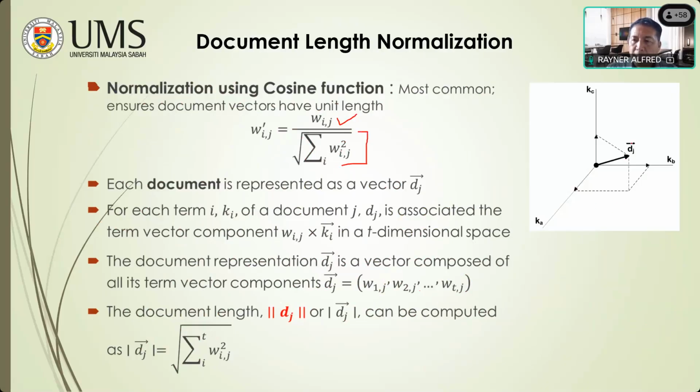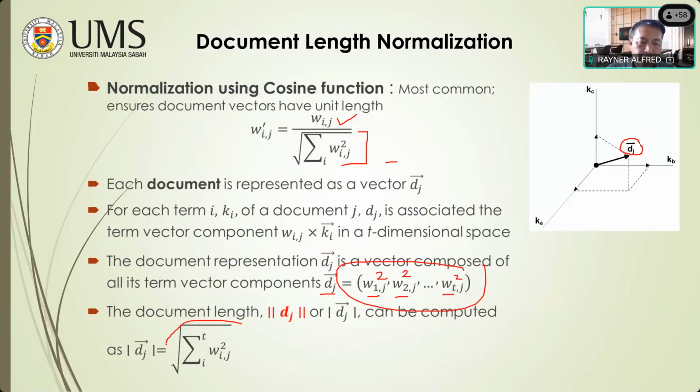If you look at this graph, each document is represented as a vector, and the vector consists of all the weights, referring to word number 1, word number 2, up to word number T. In order to find the length of the document, we take the square of each of these weights, get the summation, and take the square root.